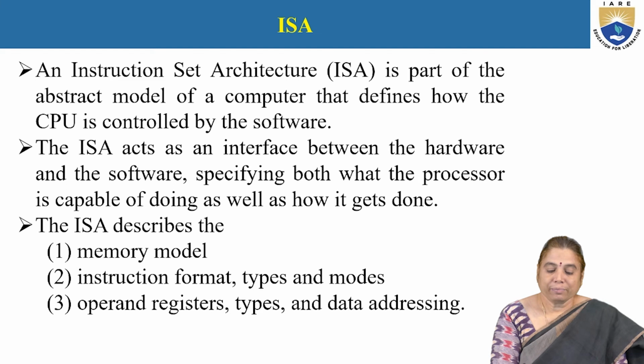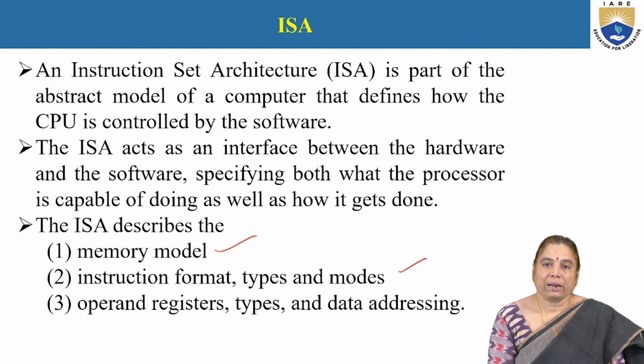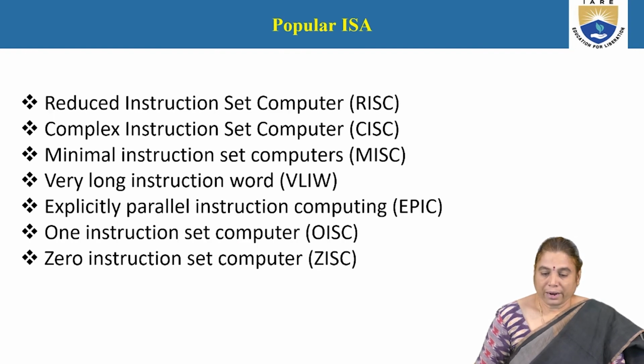What ISA can specify is the memory model, the instruction format, addressing modes, operating registers, data addressing types. All features can be specified by the instruction set architecture. And a variety of models are available.